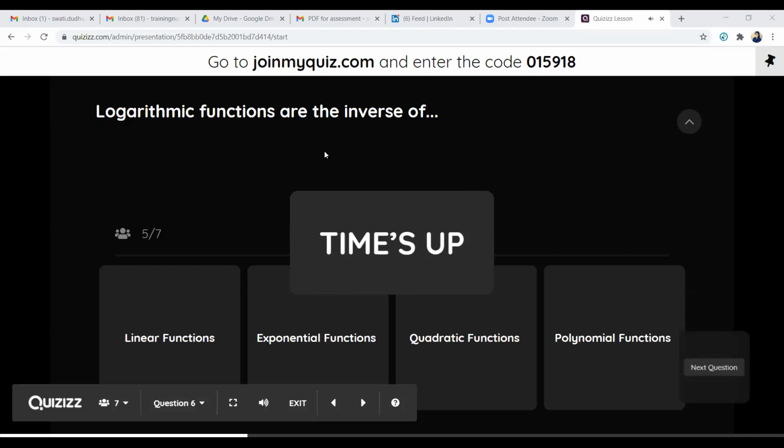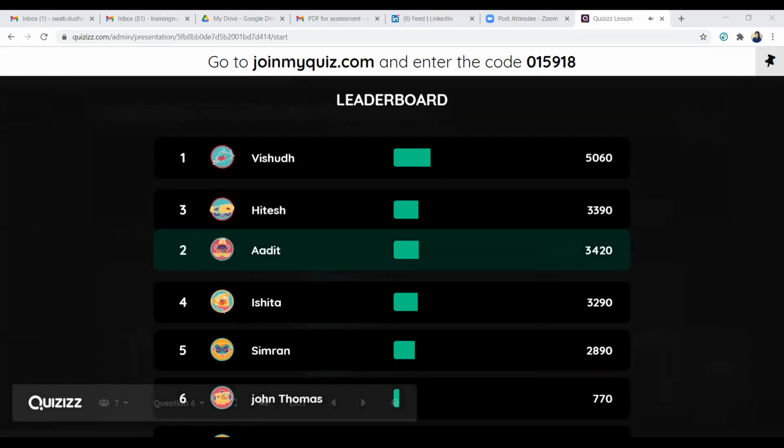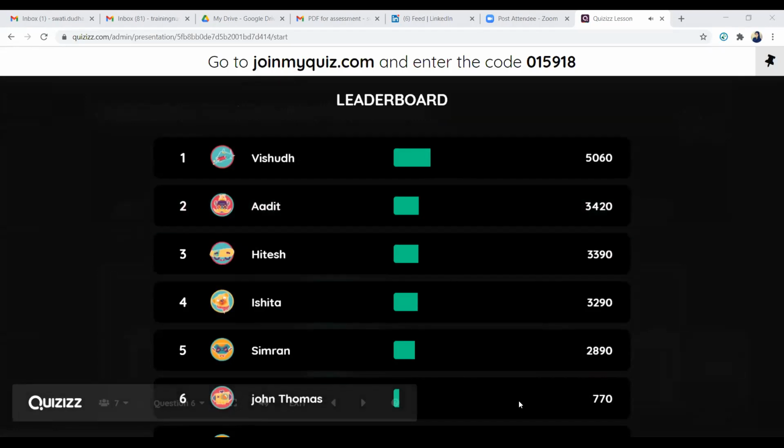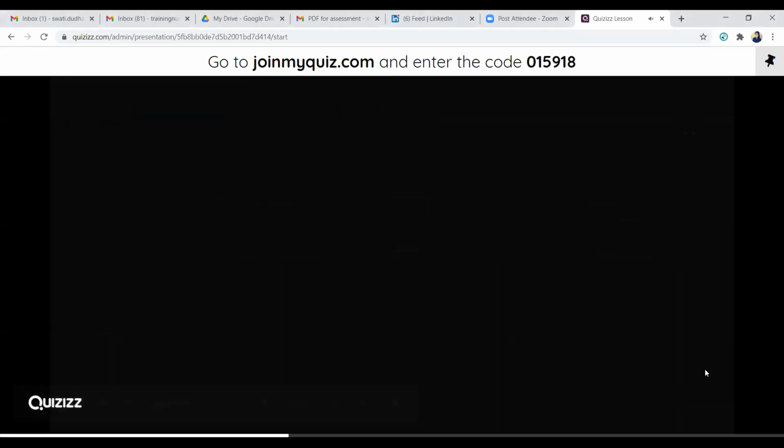Okay, so logarithmic functions are the inverse of exponential functions.